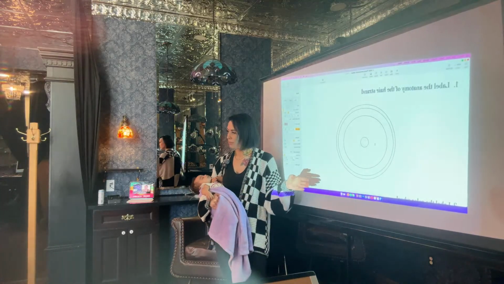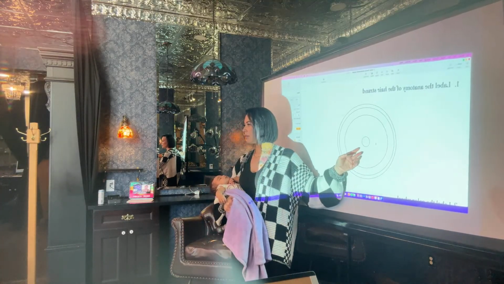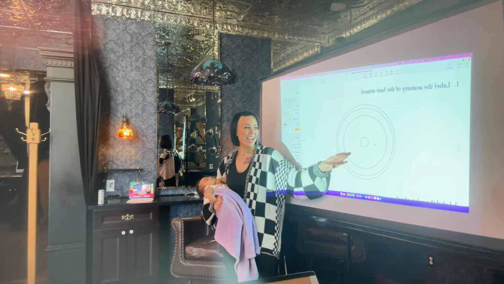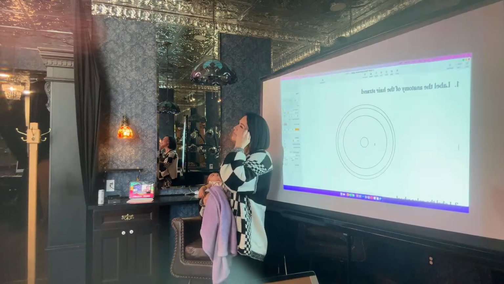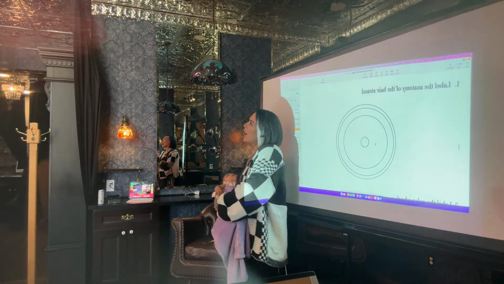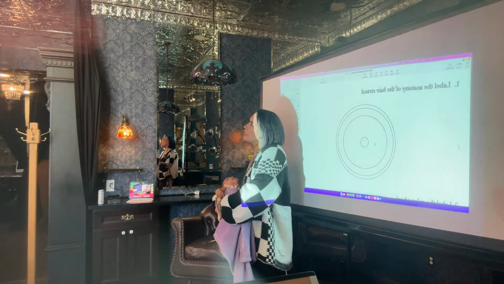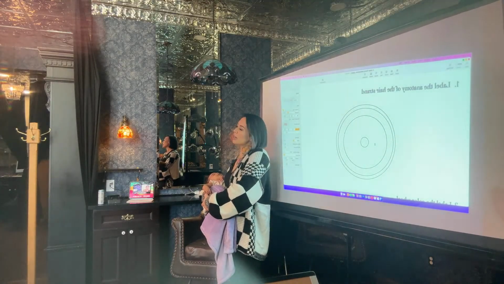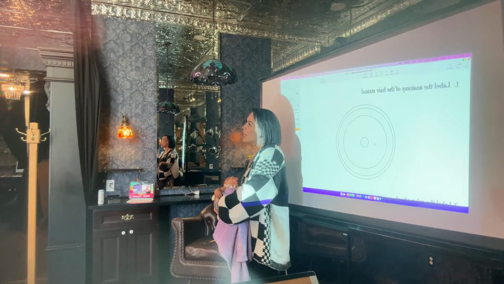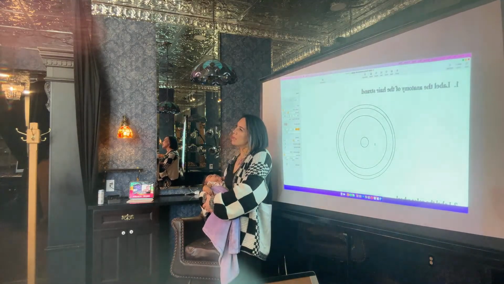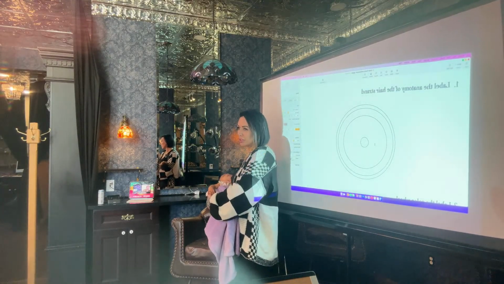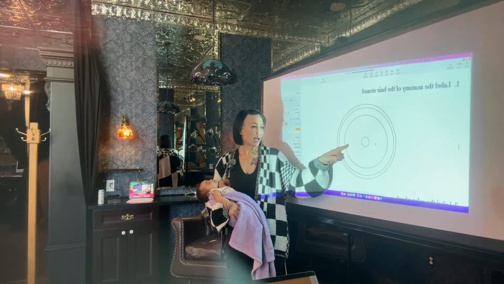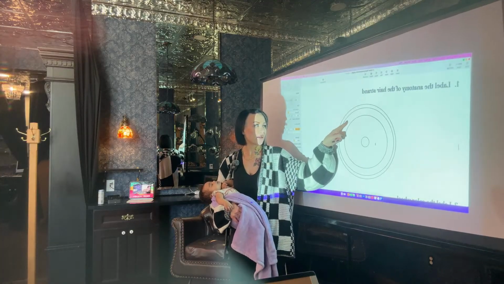A demi does not have ammonia and does not go as deep. I like to relate demis to a gel coating on the top of your nail. It lives in this area right here, okay?